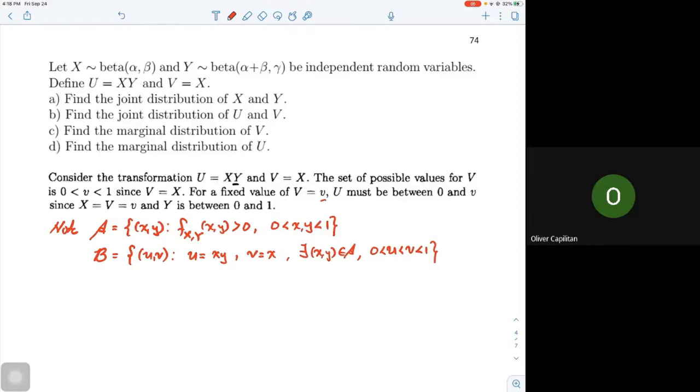That is why we have u greater than 0 but less than v, and then less than 1. And this time we're going to take the partial derivatives.